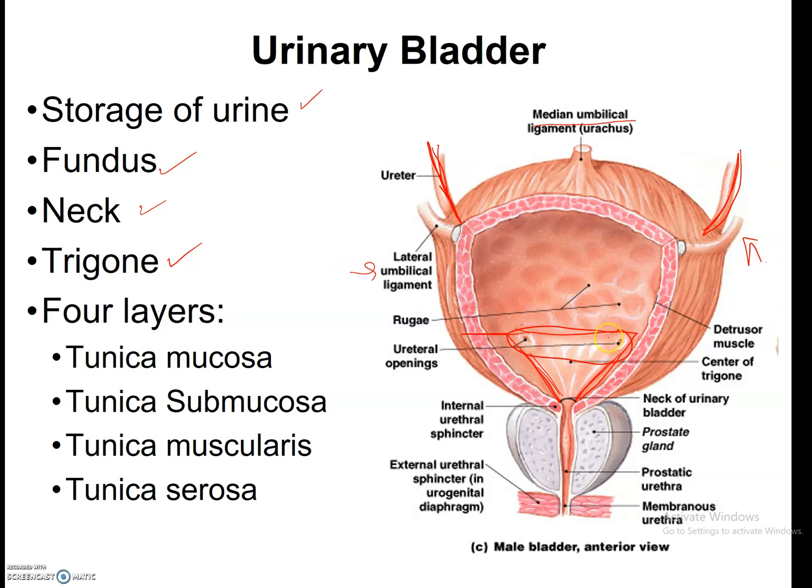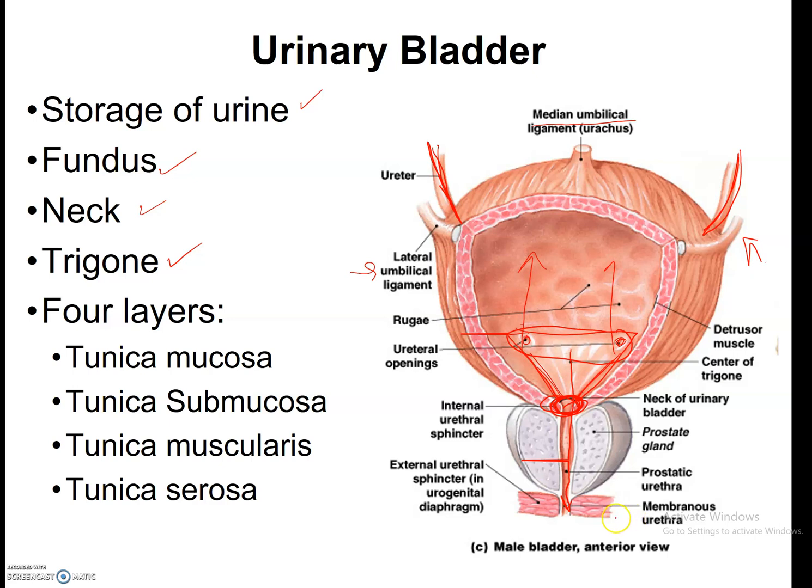The urethral opening comes all the way down here, so the urinary bladder fills from the bottom to the top. The urethra doesn't dump in the top. The urethra exits right here at the trigone. Then we have the neck of the urinary bladder with the internal urinary sphincter. Remember, sphincters are circular muscles. As this opens, it allows urine to flow from the urinary bladder down into the urethra.